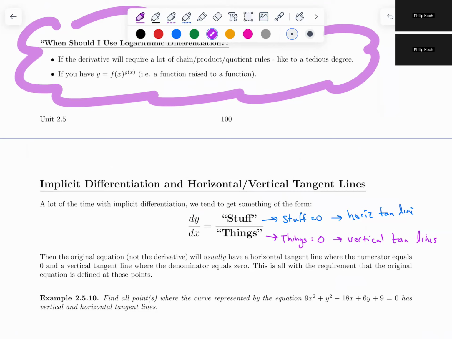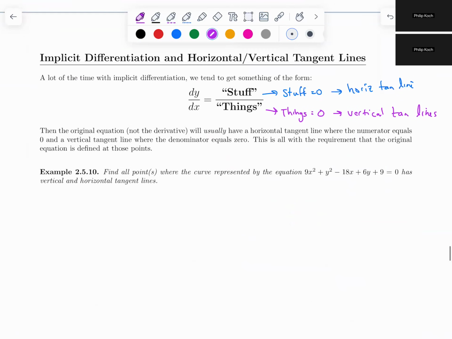It could be that you have a vertical tangent line. It could be that you have a horizontal. It could be that you don't have either. Usually, though, what happens when that happens is you have a curve that looks something like this. So it has both a horizontal tangent line and a vertical tangent line here. That can happen with an equation, because an equation isn't necessarily a function.